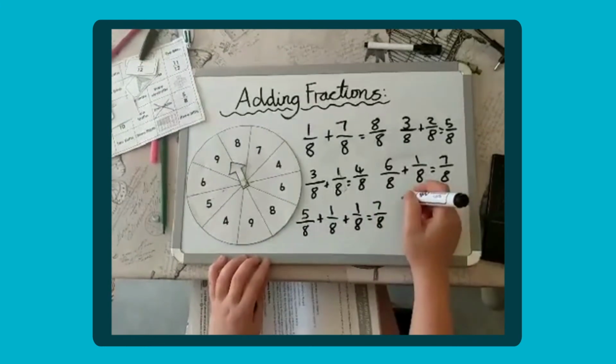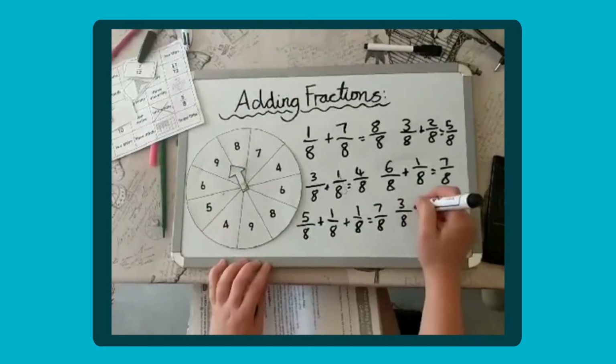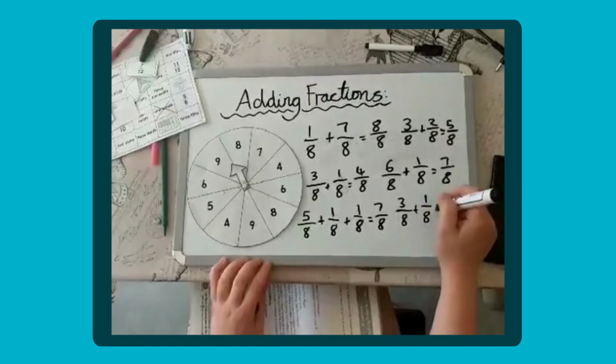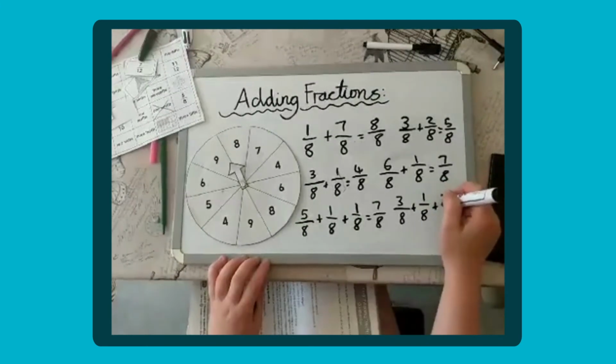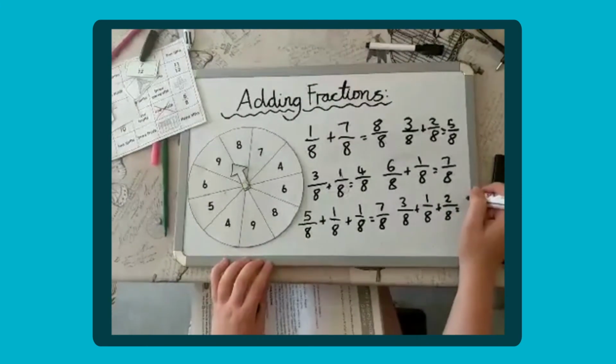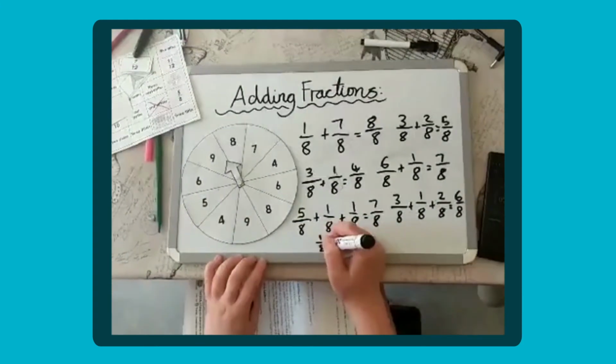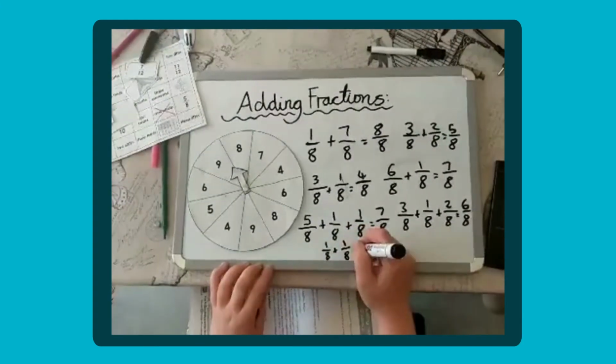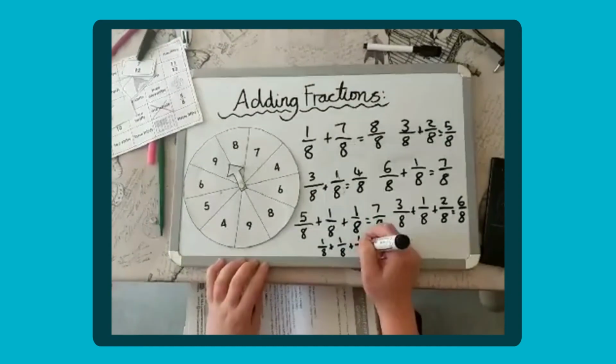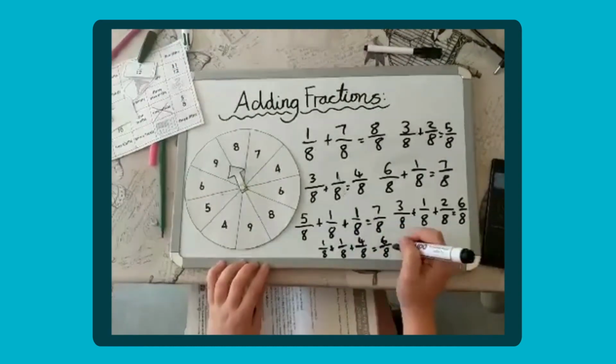Got 19 seconds left. 3/8 plus 1/8 plus 2/8 equals 6/8. Remember, keeping that whole. 1/8 plus 1/8 plus 4/8 equals 6/8.